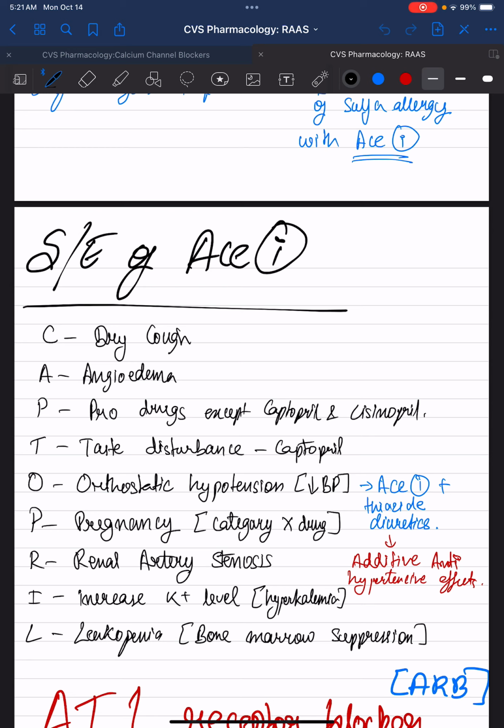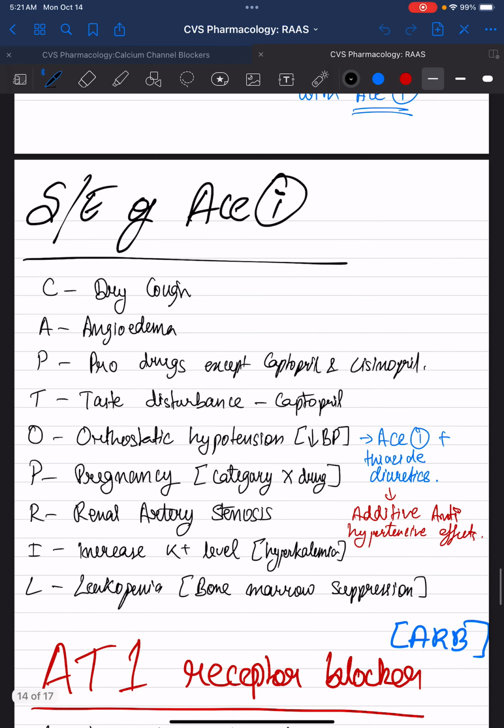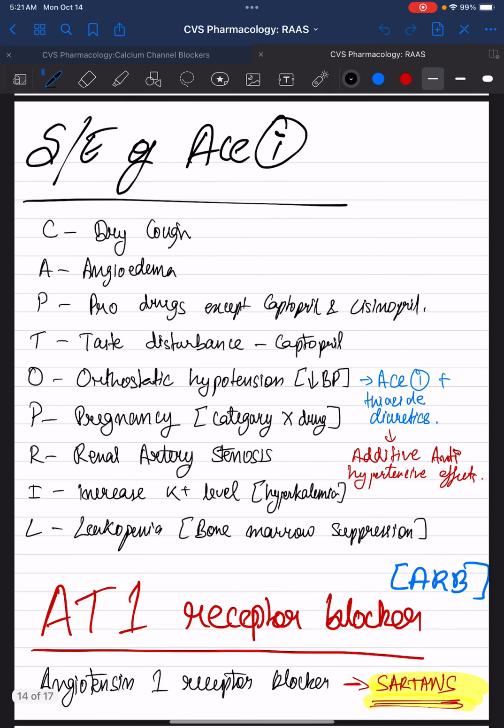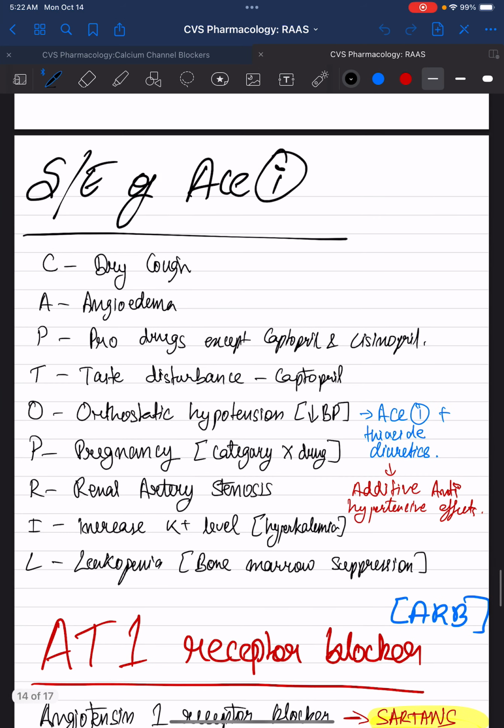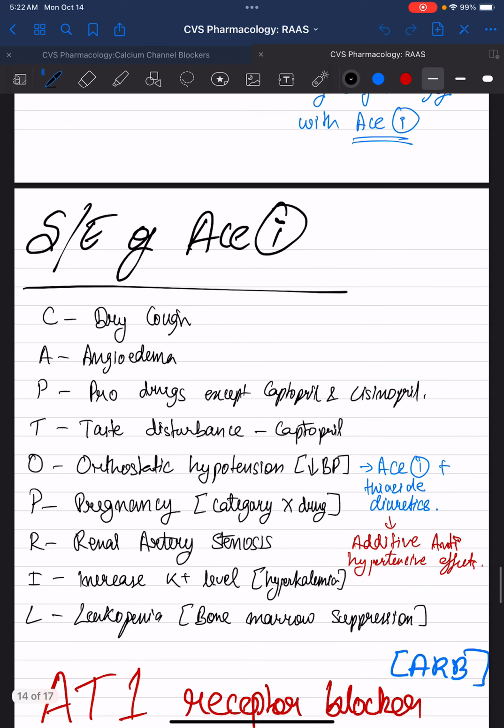There is orthostatic hypotension, so for that, use ACE inhibitors with thiazide diuretics. In pregnancy it is contraindicated to use ACE inhibitors. It is contraindicated in renal artery stenosis. There is hyperkalemia due to ACE inhibitors, and there will be leukopenia or bone marrow suppression due to ACE inhibitors that contain sulfur, like captopril.